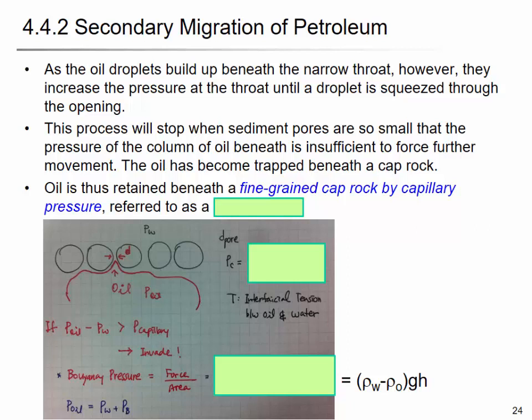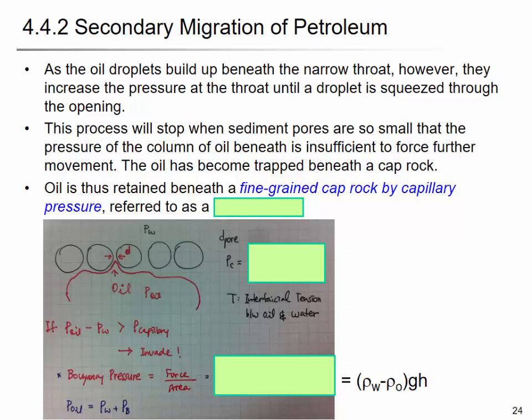Because sand has very small pores, the pressure of the air should exceed the capillary pressure and the hydrostatic pressure that's here. So the air wants to come in and invade like this, but it has to exceed some value, which is called the capillary pressure.